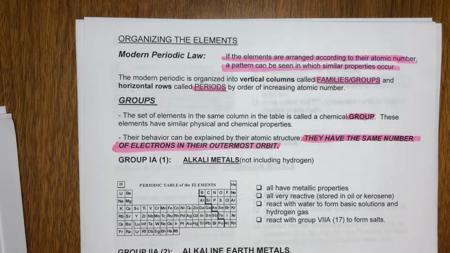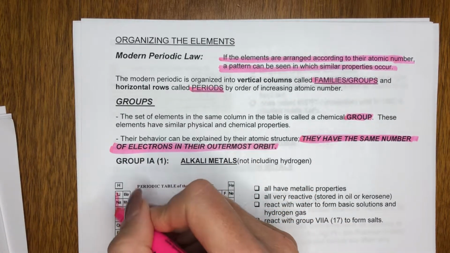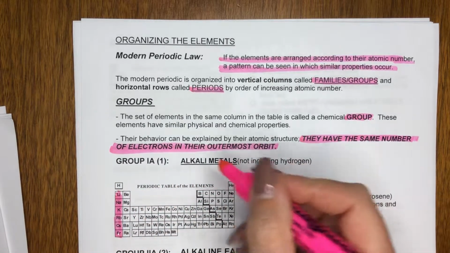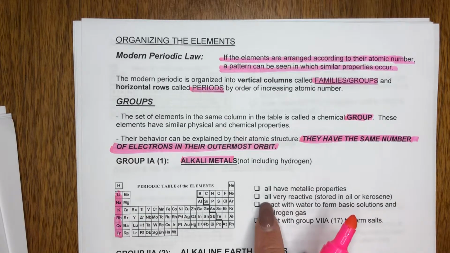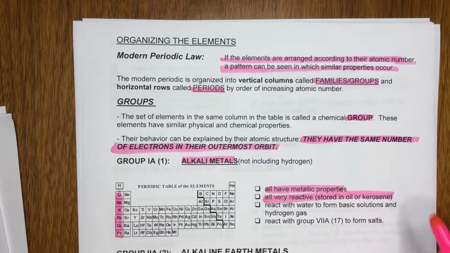The first group we're going to look at are the alkali metals, and those are in the first column. So you can highlight your column as well. They all have metallic properties. They're very reactive, so they get stored under oil or kerosene.